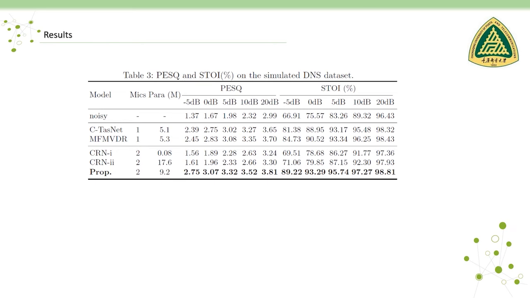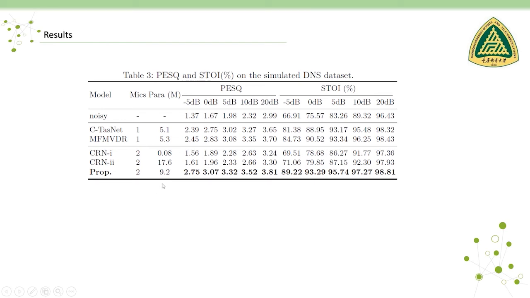This MFMVDR is also a single channel speech enhancement. The datasets are the same as the Conv-TasNet. The parameter of CRN1 is this, and the CRN2 model size is bigger than CRN1, and also it is the biggest model.